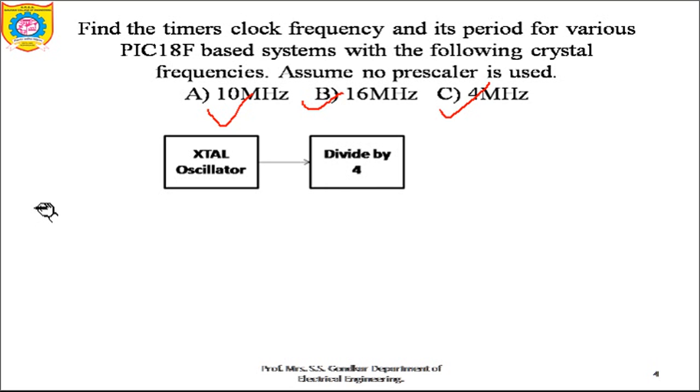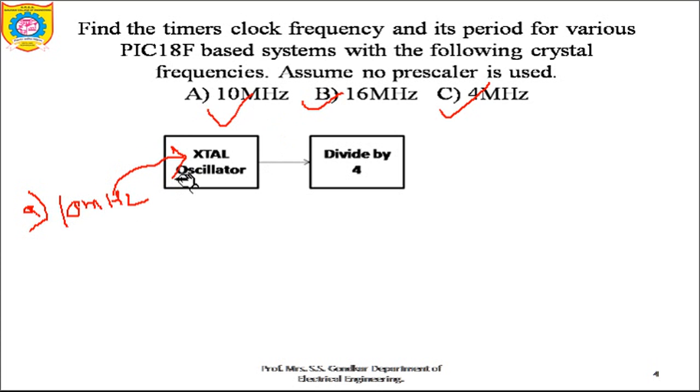I'll just show one sample. We will take the first one. Your frequency is 10 megahertz. For this frequency we have to find the timer's clock frequency and its period. This is the crystal oscillator frequency. You have to replace this value over here.